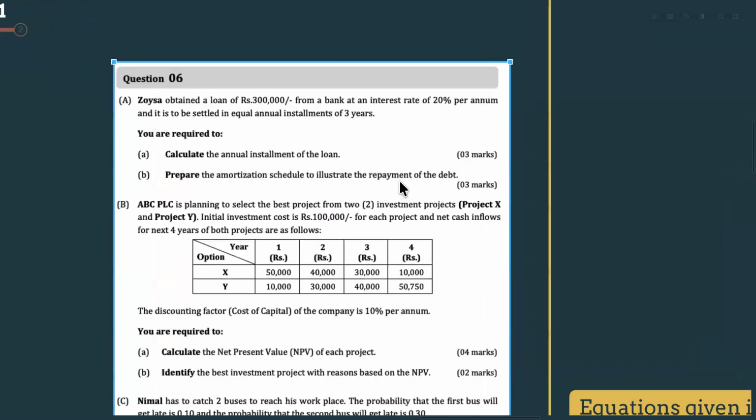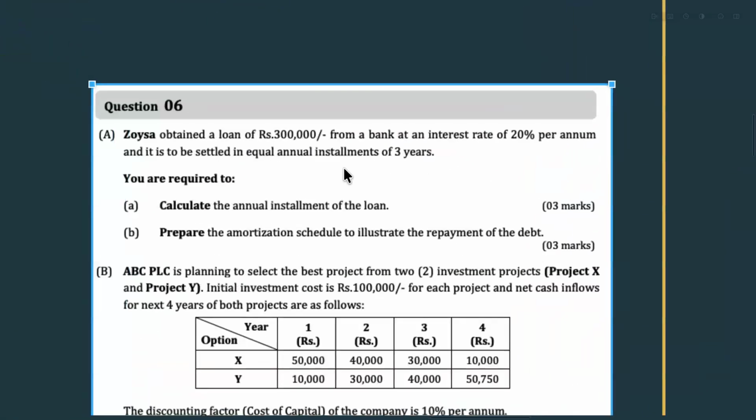So let's see this question. The first question is here. Zoiza obtained a loan of rupees 300,000 from a bank at an interest rate of 20% per annum every year, and it is to be settled in equal annual installments over 3 years.